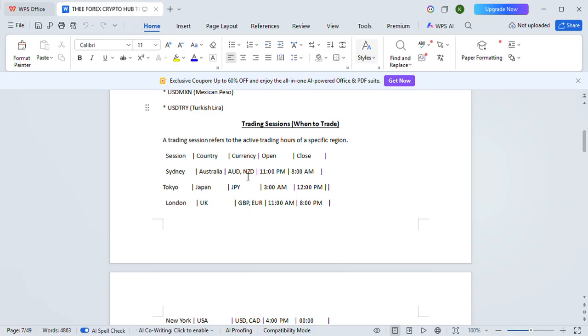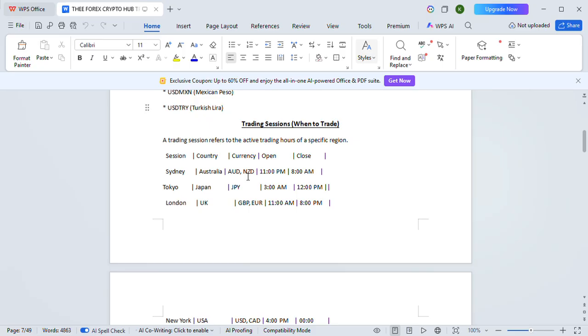It doesn't matter if the Australian dollar comes first or second, or the New Zealand dollar comes first or second, as long as the pair has these two currencies in it, at this time you can trade the pair, because it will be volatile and moving, because the session is on, meaning there's money circulation. The session opens at 11 p.m. and closes at 8 a.m.